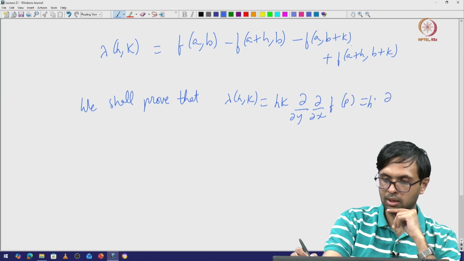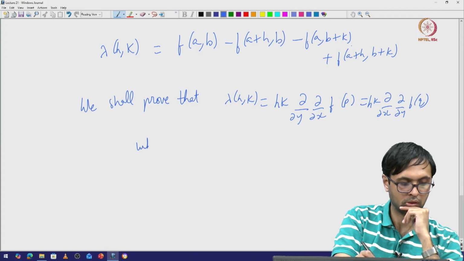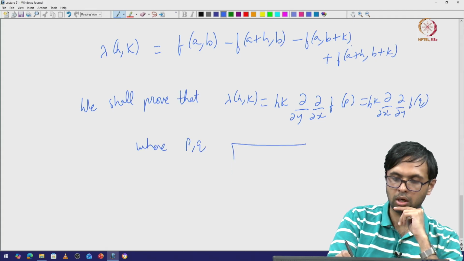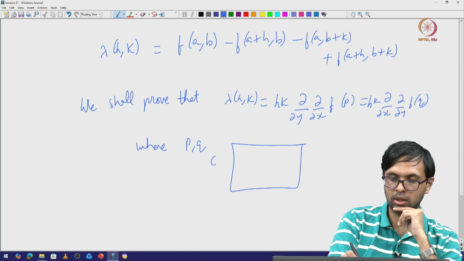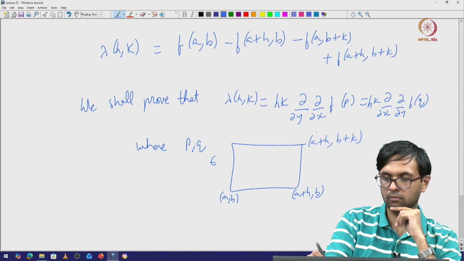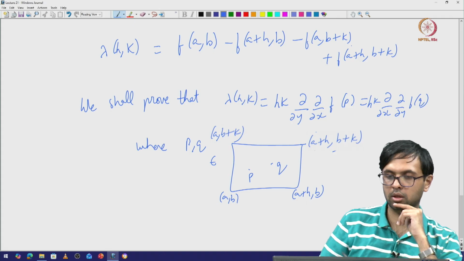And it is h times k times fxy of another point, where P and Q are 2 points in this rectangle. So P and Q are 2 points in this rectangle. Okay.